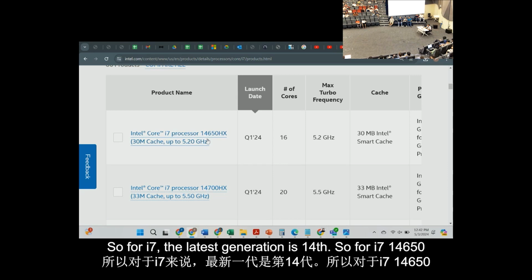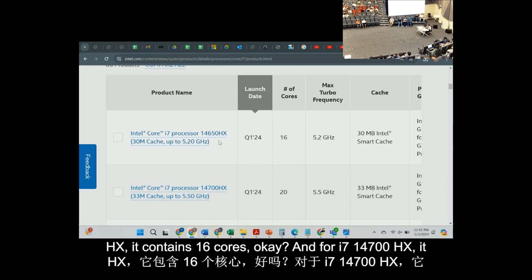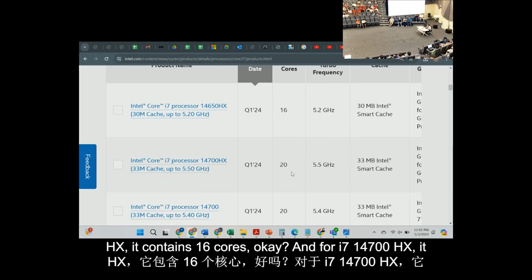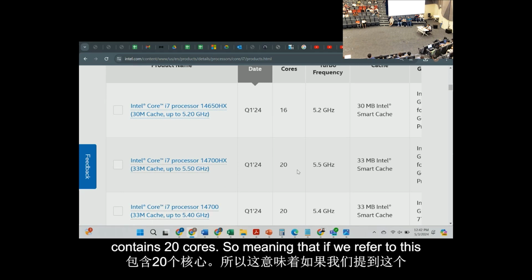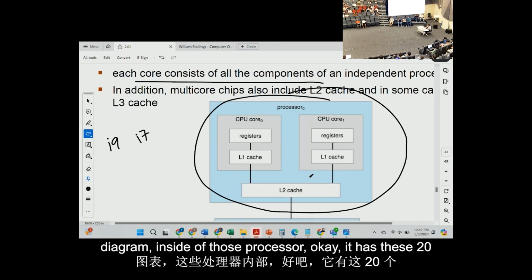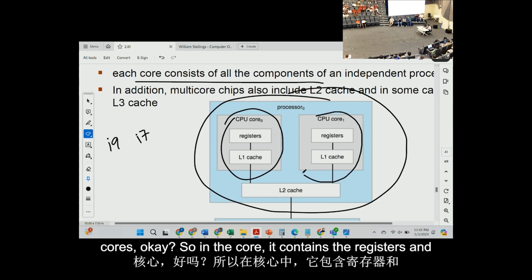The i7 14650HX contains 16 cores, and the i7 14700HX contains 20 cores. So if we refer to this diagram, inside those processors, it has these 20 cores.